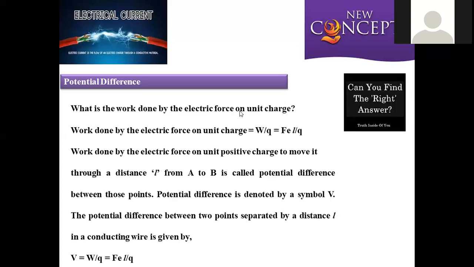Now, what is the work done by the electric force on the unit charge? Can you get the right answer for this one? Let us solve this problem.